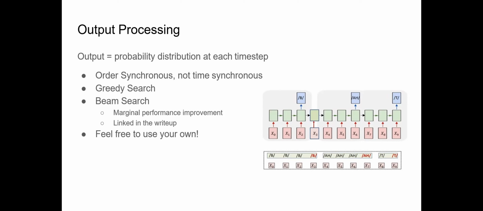That's the reason what we are going to get as an output is a probability distribution of sequences. We are going to get a probability distribution at each time step, but we need the highest probability not of that particular time instant. We need the highest probability of the whole sequence.